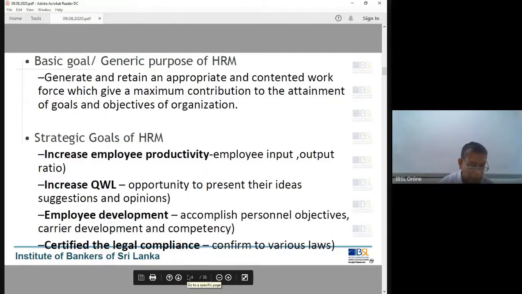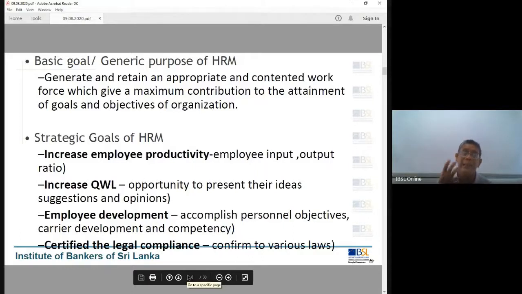What is the main generic purpose? Generate and retain an appropriate and contented workforce which gives a maximum contribution to the attainment of the organization. That is the main, generic purpose. So you must have employees who can give maximum contribution to achieve your organizational goals and objectives.